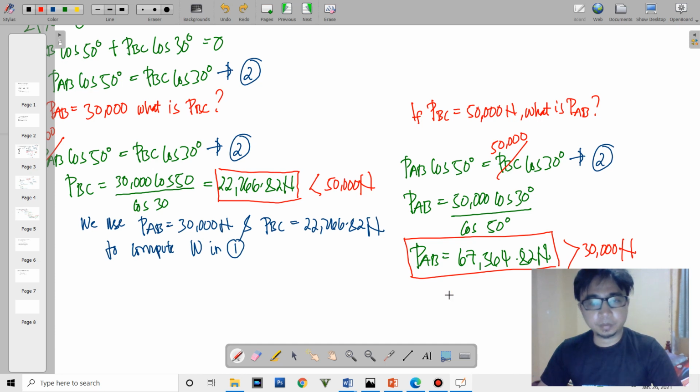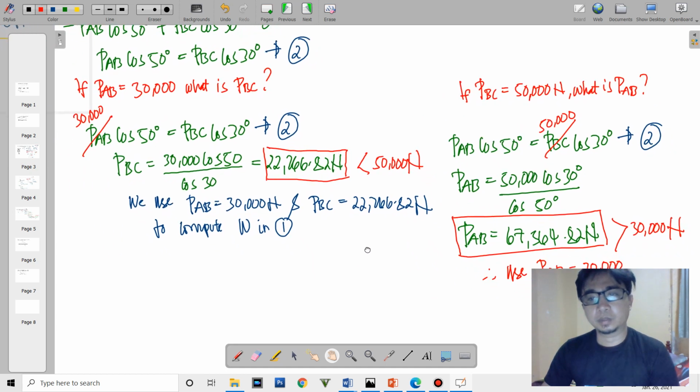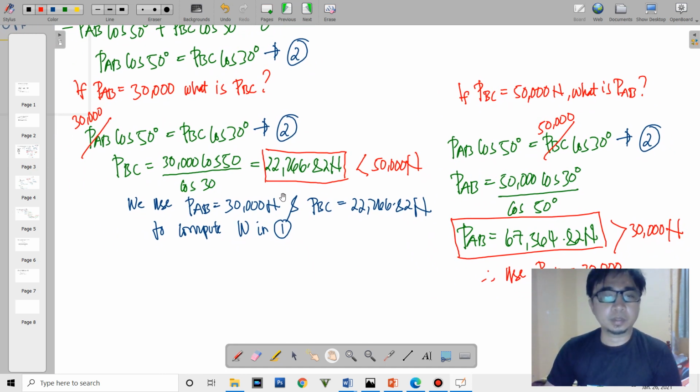So if this is your assumption, then it will go back to this solution. Therefore, use PAB equal to 30,000, solving for PBC and W. So again, you can appreciate the solution by asking whether you're going to adopt 30,000 or 50,000.